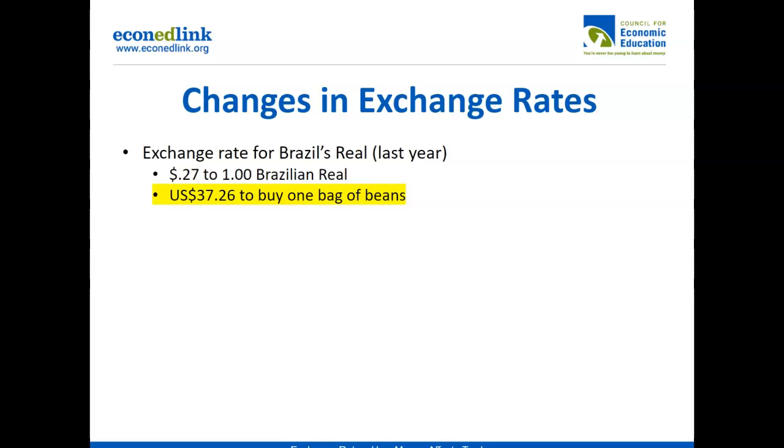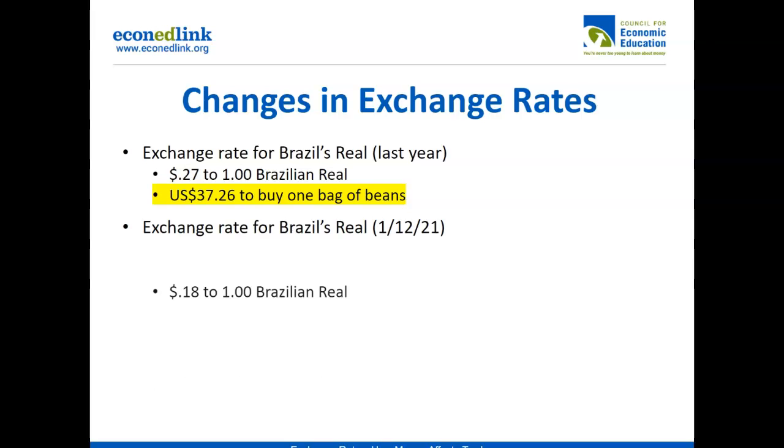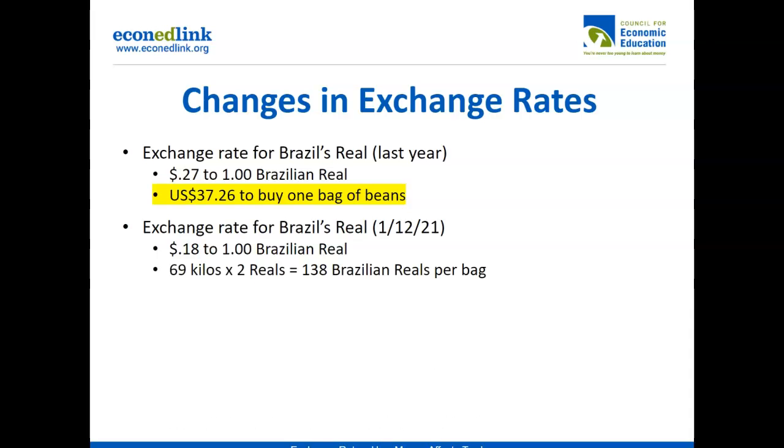It would cost the US $37.26 to buy 1 bag of beans in US dollars with that exchange rate. The exchange rate for Brazil's real on this date that I'm recording this, January 12th, 2021, has changed to 18 cents to 1 Brazilian real.